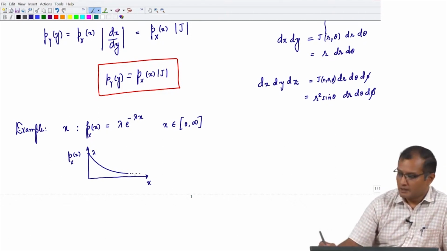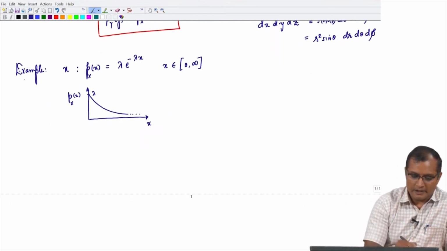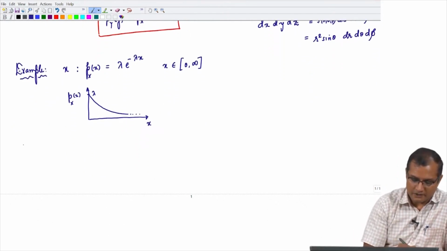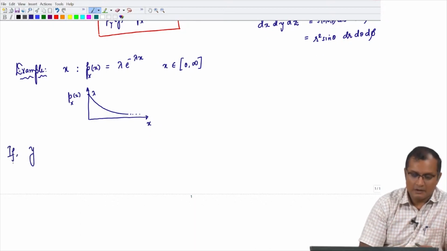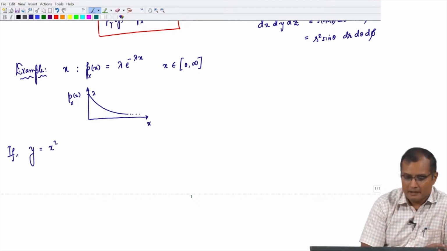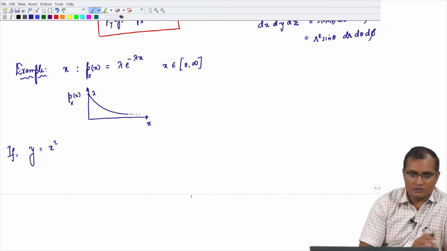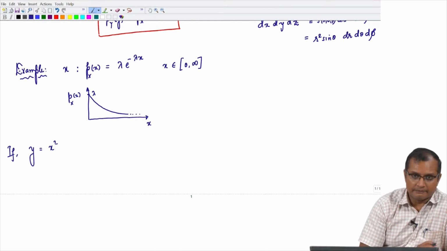Okay. And let us say I define a function y, which is x square. Then I have to find out what is the PDF of y.